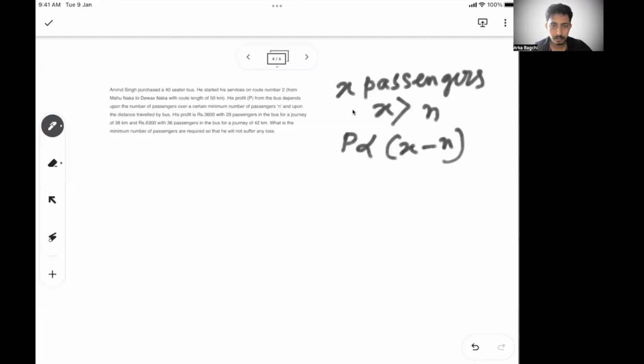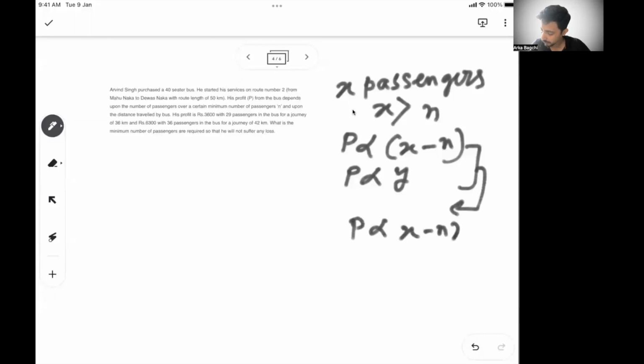And then they said it also depends on the distance traveled by the bus. So profit is also dependent on the distance traveled by the bus. Let's say the distance traveled is y. So from the joint variation property, using these two, we can write P varies as x minus n into y, or we can say P is equal to k into x minus n into y, right?